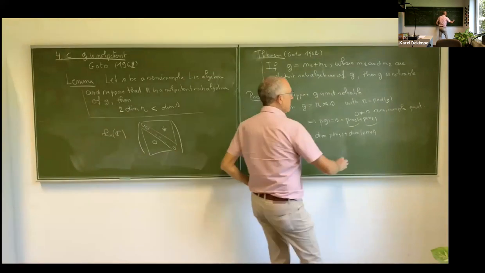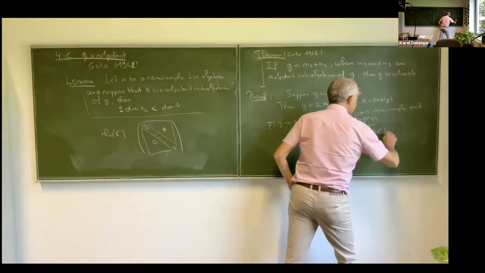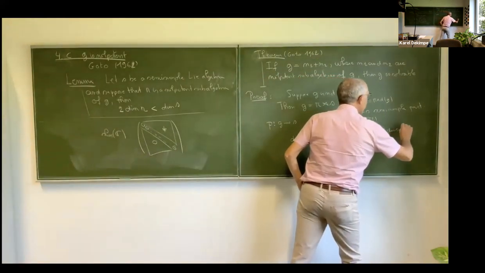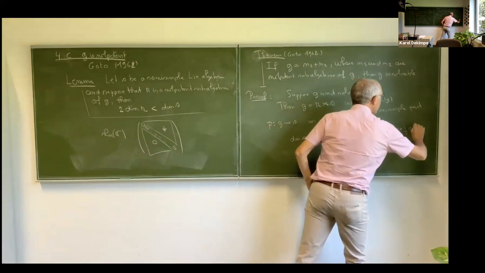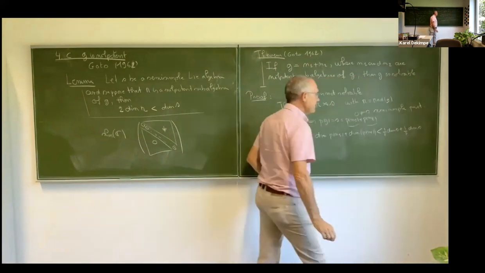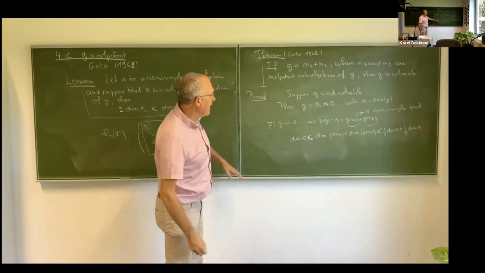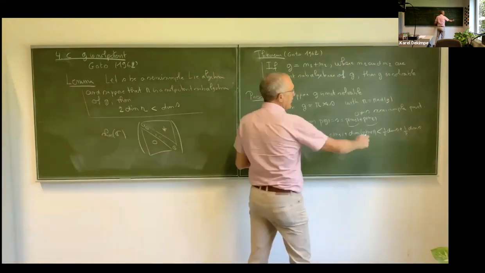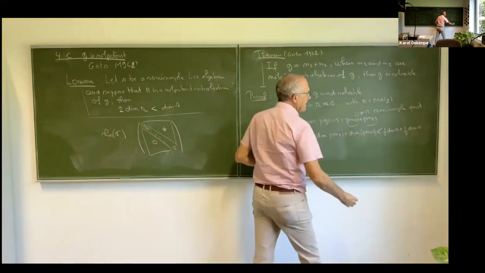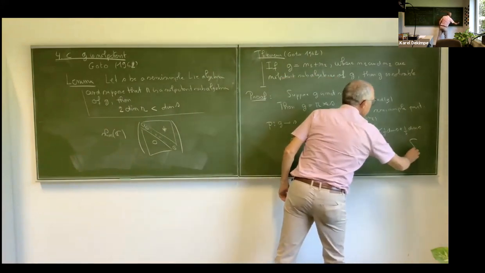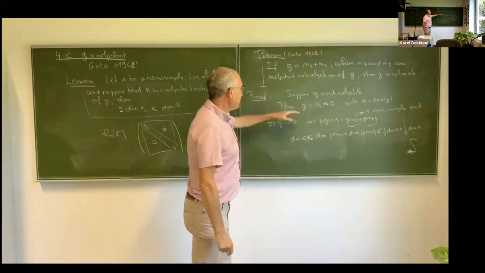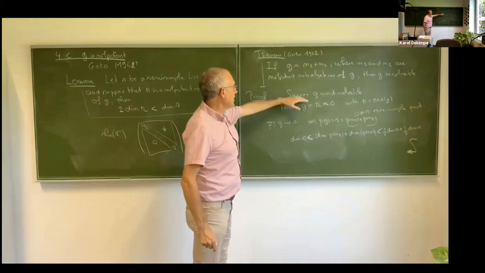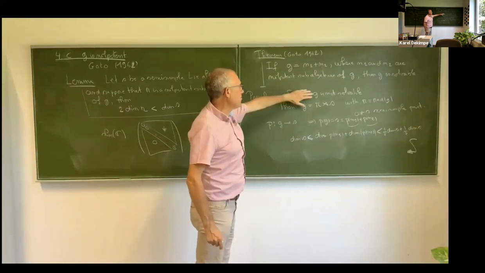So this means this is less than 1/2 of the dimension of S plus 1/2 of the dimension of S by the lemma. And then we get a contradiction, saying that the dimension of S is strictly less than the dimension of S itself. So this is a contradiction, meaning that the assumption that G is not solvable is not correct.